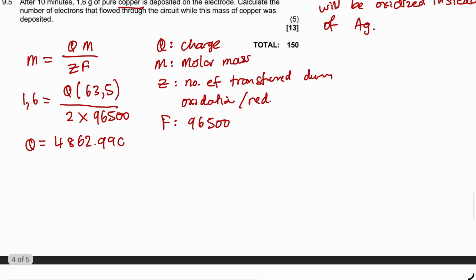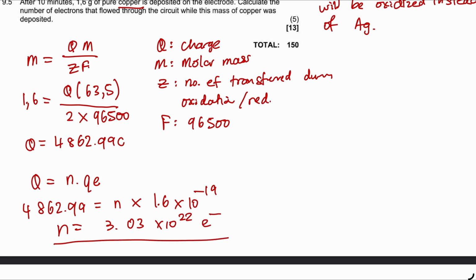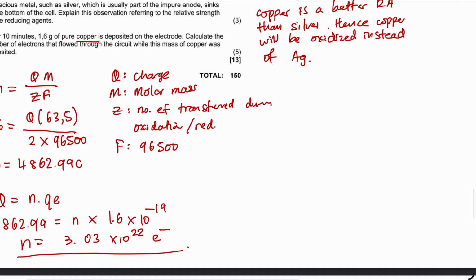We can now use the formula Q = n times qe, and we can solve for the number of electrons that have flowed. So 4862.99 is equal to n multiplied by 1.6 times 10 to the negative 19. n is then equal to 3.03 times 10 to the 22 electrons. And that's it. Thanks so much for watching.